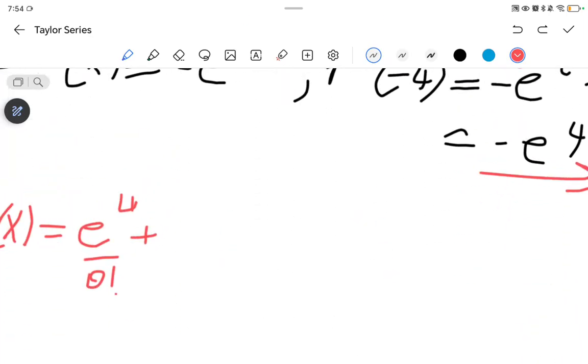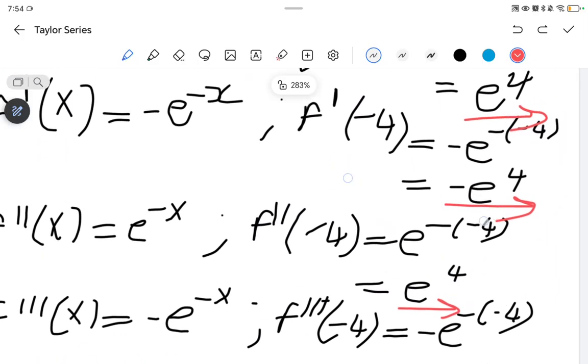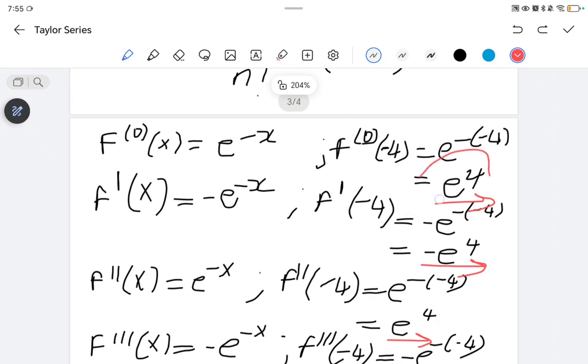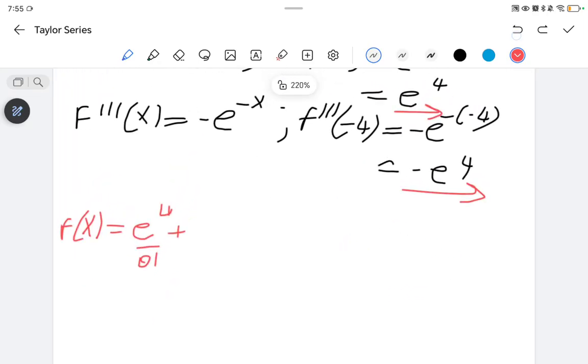And then the second one is minus. The first one was positive e to the 4. The second one is minus e to the 4. So I'm gonna put a minus there. The third one is positive e to the 4. No, I forgot here.